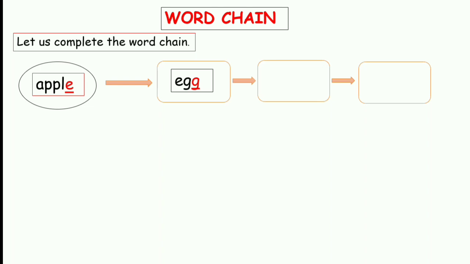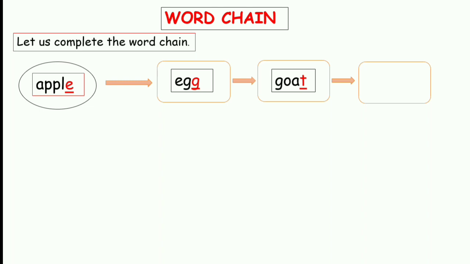Now what is my last letter here? G. My last letter here is G, which means I have to begin a word with G. So what I have here is goat. G for goat.